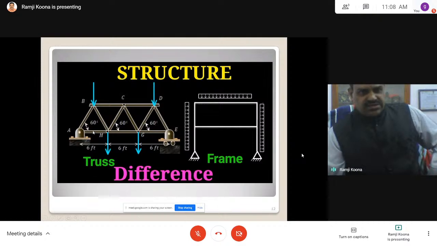If you are considering this member, it is a bar, because I am assuming this is the x-axis and this is the y-axis. With respect to the x-axis, it is 0 degrees, taking counterclockwise as the positive direction, where the member axis and your reference axis coincide. When you are taking the other point, the angle is 180 degrees.